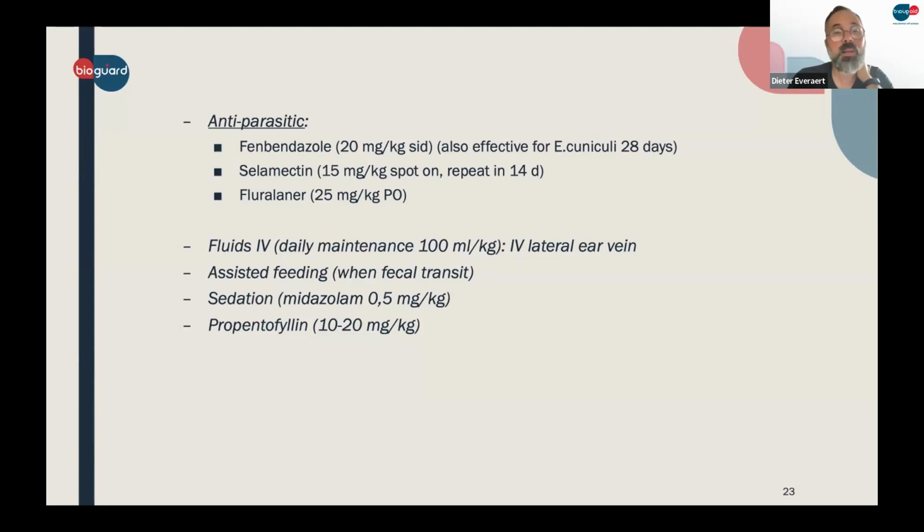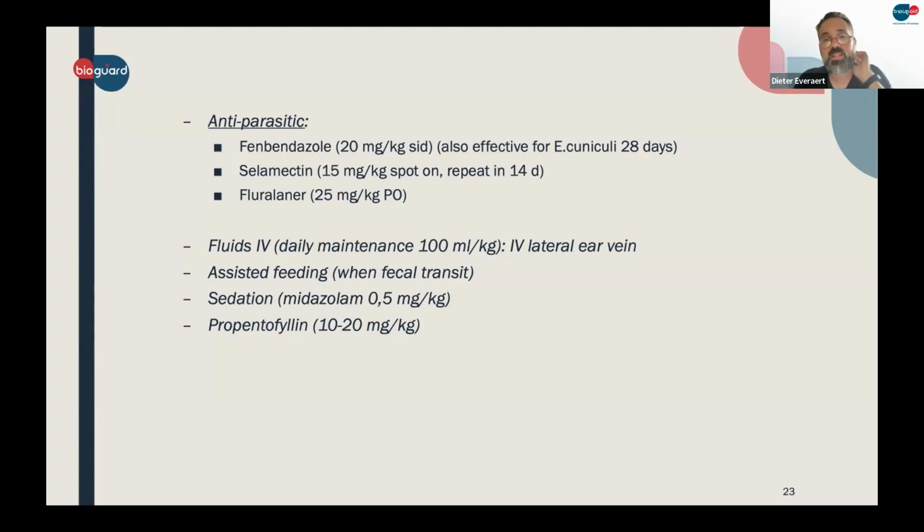Of course, the main important thing is making sure that they're still hydrated when they have quite a big head tilt and they start circling. It can be difficult for them to drink or eat. So the daily maintenance is 100 ml per kilogram. We mainly use the lateral ear vein.